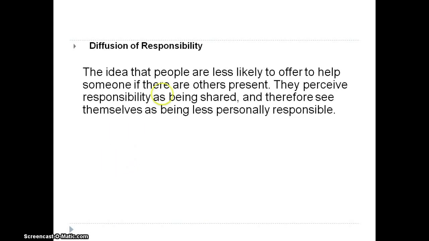Diffusion of responsibility is the idea that if others are present, then you diffuse the responsibility between the crowd. So the more people there are, the less likely you are to help, is the idea.